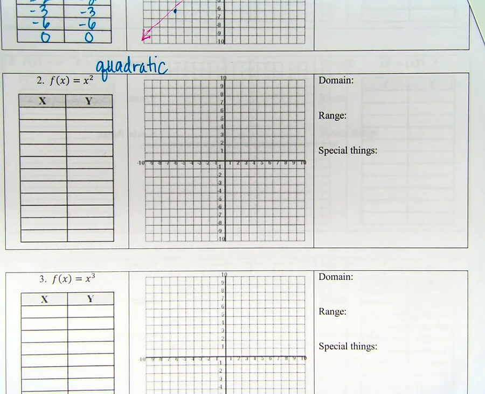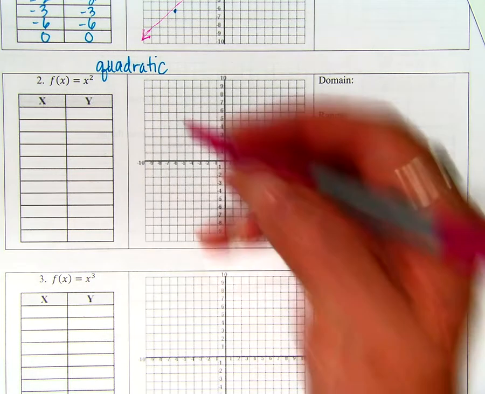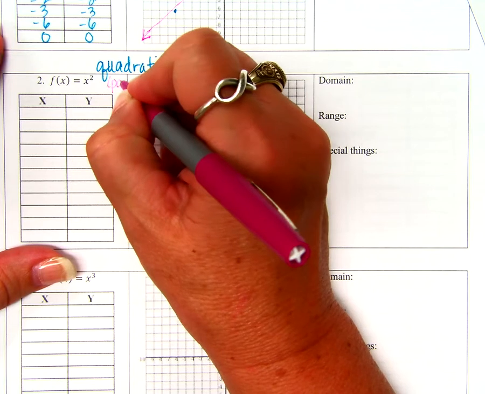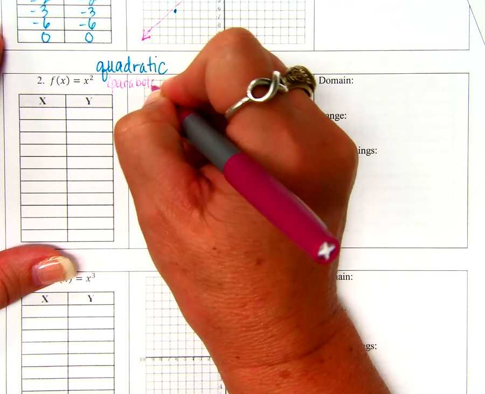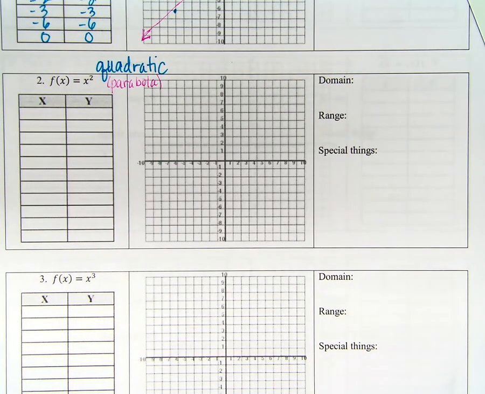Okay, how about this one? What kind of shape does a quadratic make when you graph it? You're showing me with your hands. Do you remember what it's called? A parabola. Very good. Okay, the quadratic is the kind of function it is. The parabola is what it makes when you graph it.